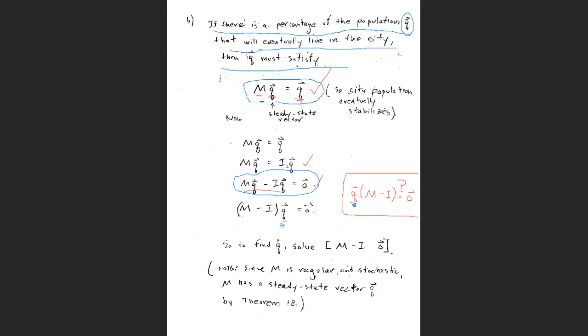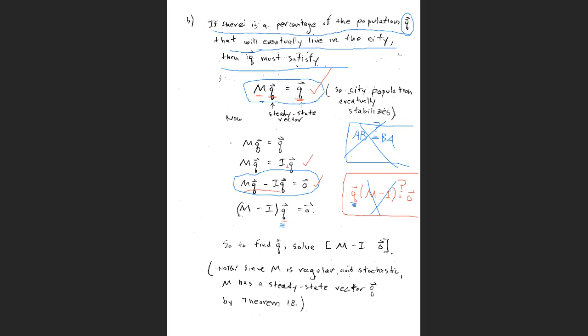Let me ask you this: in matrix multiplication, in general, does A times B equal B times A? No. So for that reason alone, this is not true.